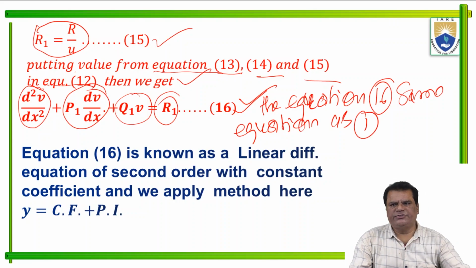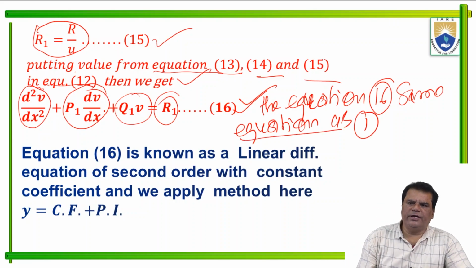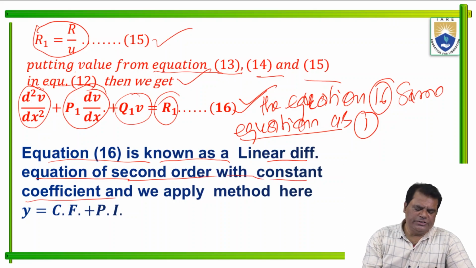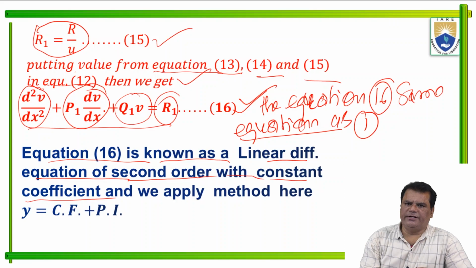Equation 16, same equation as 1. Okay. So equation 16 is known as a linear differential equation of second order with constant coefficients. P1 is a number, Q1 is a number, R1 is a function.